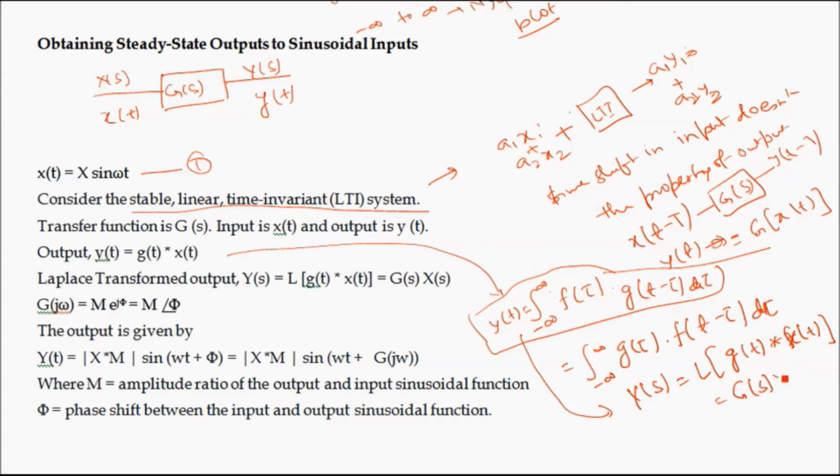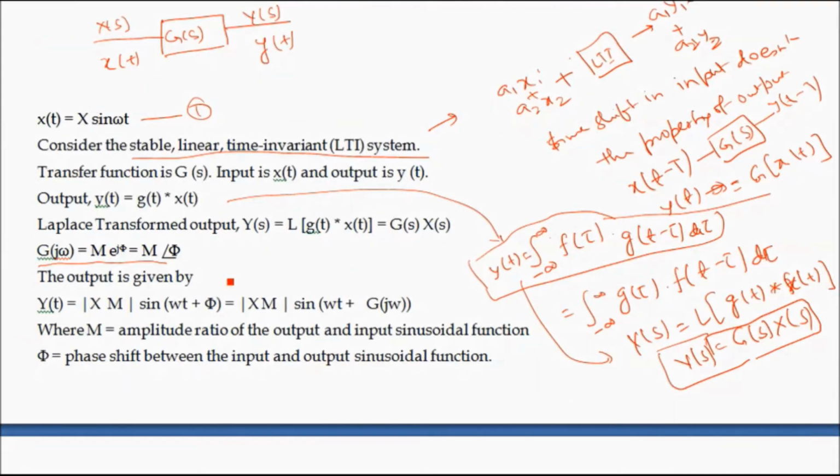It is a very well-known property that convolution changes to multiplication in the Laplace domain. So Y(s) is equal to G(s) into X(s). If I put the value of input x(t), that is X sine omega t, we get the output of the system as y(t) equal to X into M into sine(omega t plus phi).